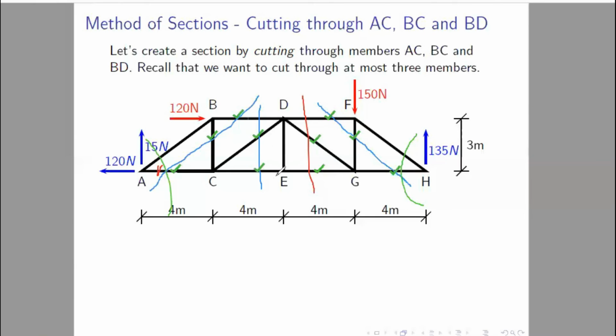You can take a section like this as well. If we want to analyze the member force DE, we can take a section like this. There also it is cutting three members, so no problem at all. And if we analyze the lower part of this section, then it is also very similar to method of joints. So just applying sum of Fx equals 0 and sum of Fy equals 0, we can easily solve for this.